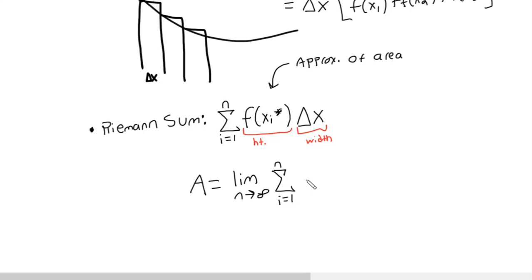Since we're using infinitely many rectangles, this becomes the precise area. So the area equals the limit as n approaches infinity of the sum of f of xi star times delta x. Again, f of xi star is still the height, and delta x is still the width. And that's all it means.